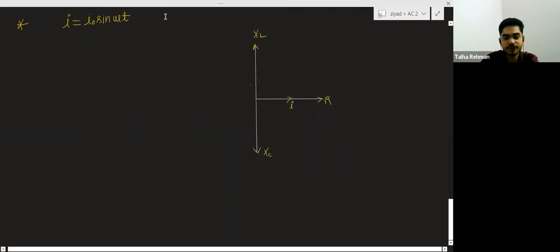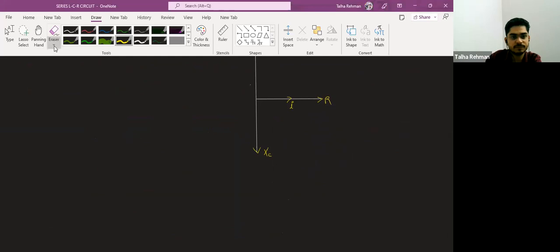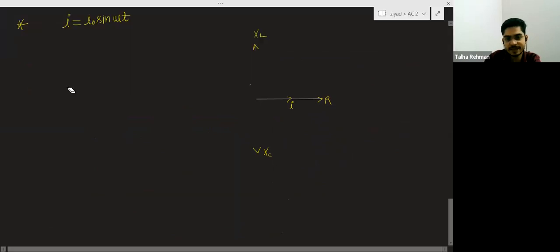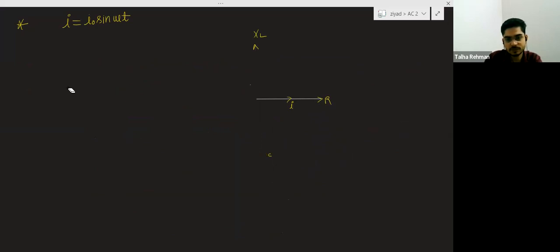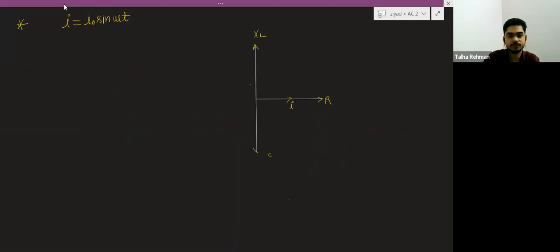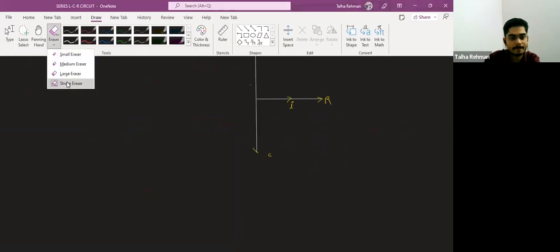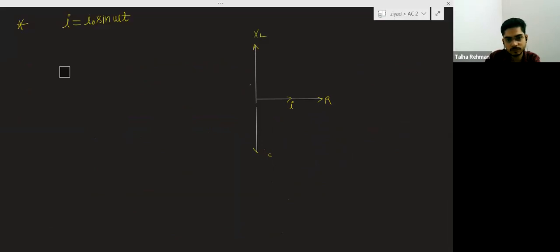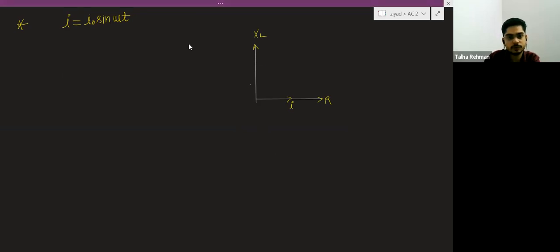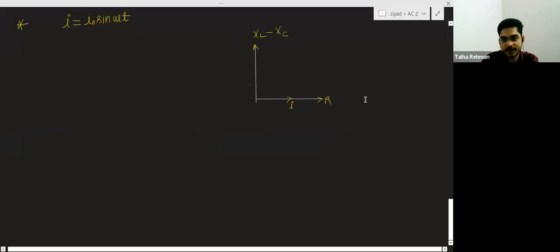So this diagram will be reduced to this diagram, because here XL is greater than XC. So this diagram will be like XL minus XC, and this length is representing the resistance.